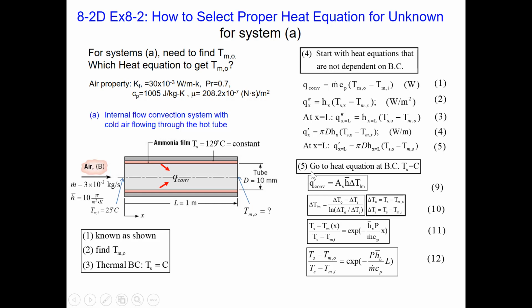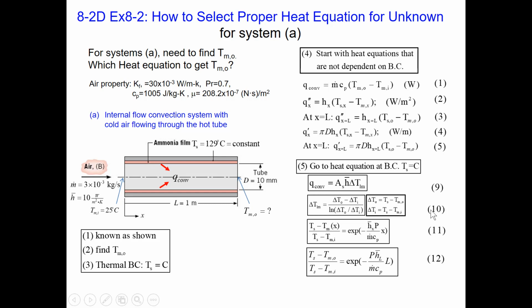Next, we will move on to the equations under the thermal boundary condition of constant surface temperature. Then we go through each equation to identify the unknown Tm,o. Next, we check the equations including the unknown Tm,o.